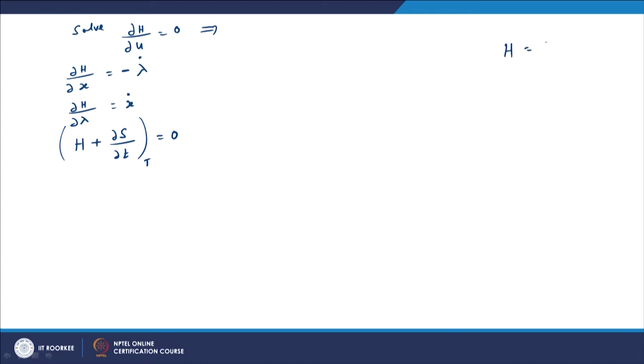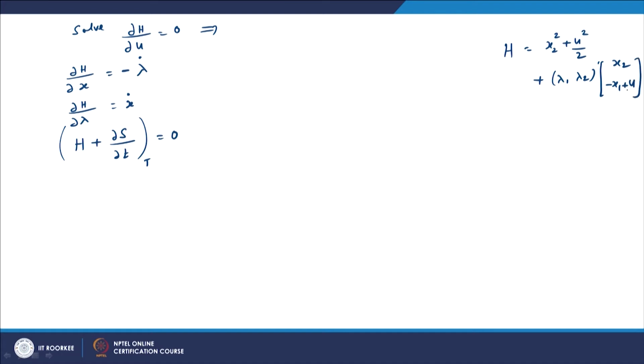The Hamiltonian is given by capital F, which is x2 square plus u square by 2, plus lambda 1 lambda 2, that is the row vector, multiplied by small f, which is the function: x1 dot equal to x2, that is the first value, and x2 dot is minus x1 plus u.